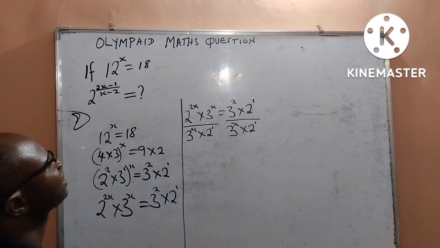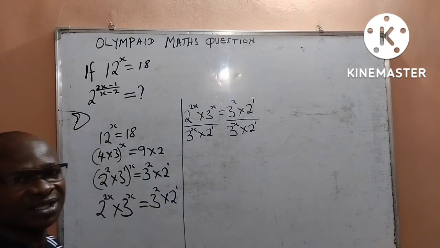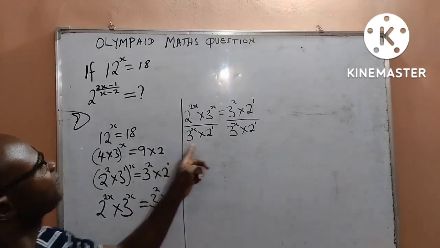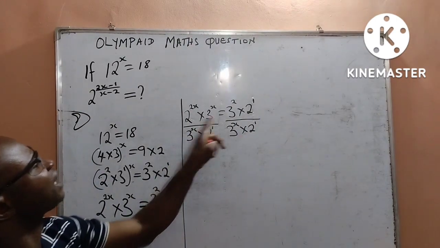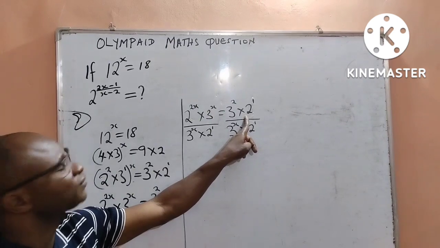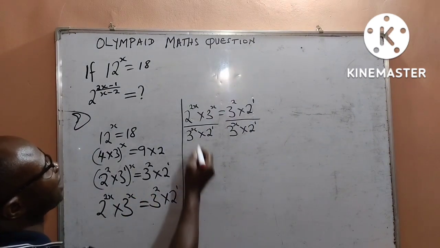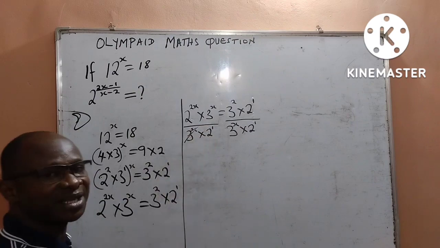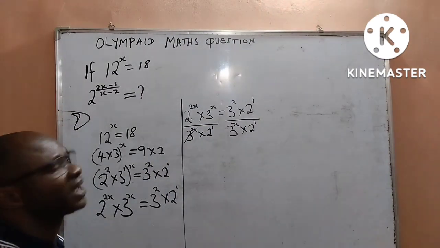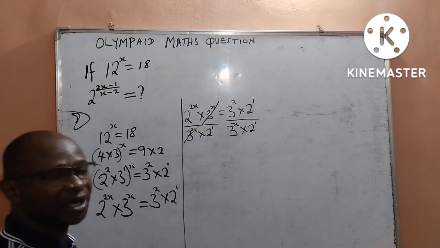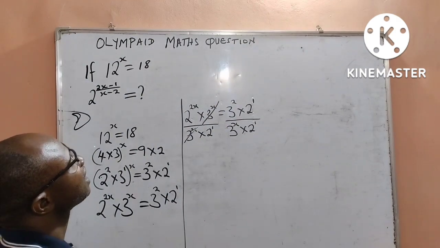Remember what I said, that I want to organize it. Now, if I am dividing both expressions, right and left, by the same value, the equation is intact. But you can also see that the denominator, 3 raised to the power x, can cancel the numerator 3 raised to the power x.